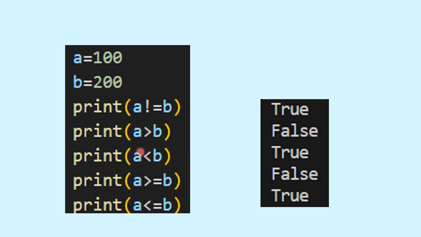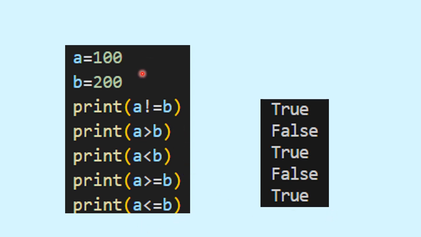Next we are checking a is less than b, which gives the value true, and we are checking a is greater than or equal to b. If, for example, 10 is greater than or equal to b, it will give the result true. As well as this one, a is less than or equal to b, since a is obviously less than b, we are getting the value true in this case.